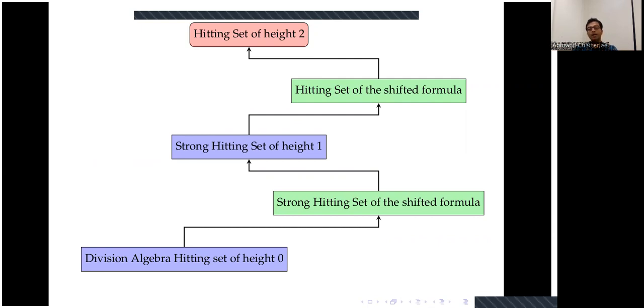To get a strong hitting set of height 1, we had to shift by some division algebra elements. So we had to come up with a division algebra hitting set for non-commutative formulas. By modifying the Forbes-Shpilka hitting set and using some ideas from cyclic division algebras, we are able to show that we can embed that hitting set inside a division algebra hitting set. So this is the overall idea.